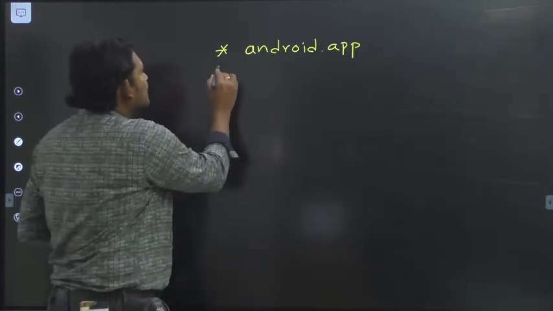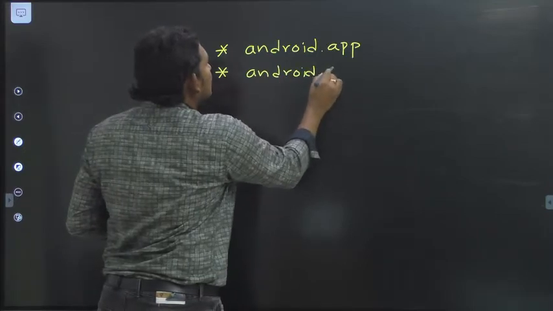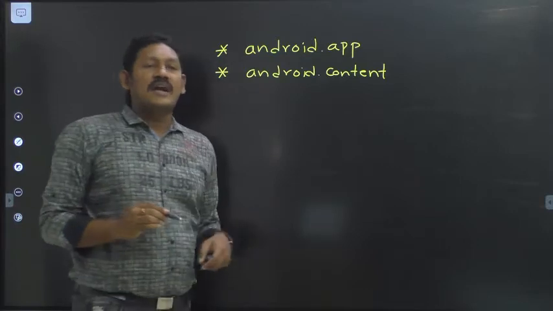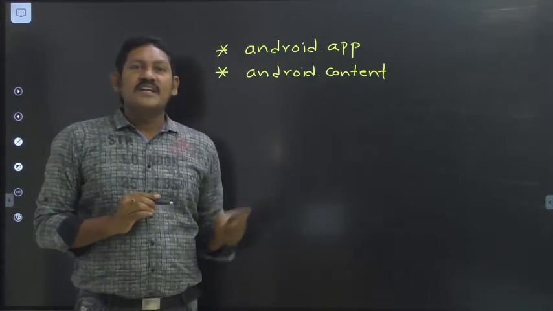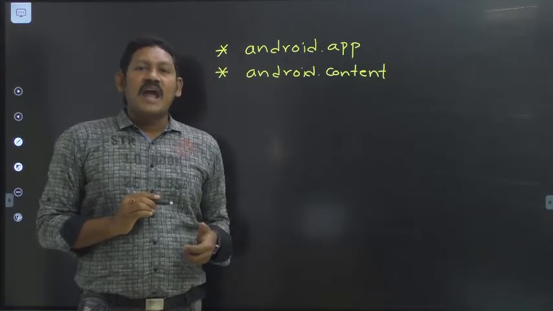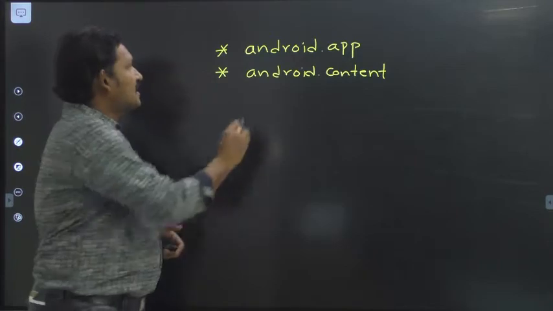The second one is Android.content. It facilitates content access, publishing and messaging between applications and application components.